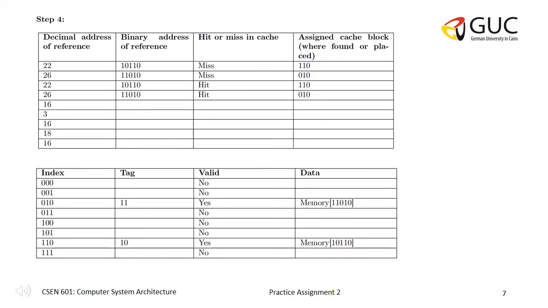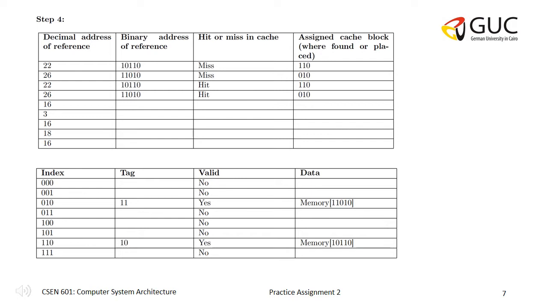Similar to the previous address, here we have 26, which is a repetition of an address we tried to retrieve before. So of course we will find the data in the cache, since no further modifications happen in the same field.